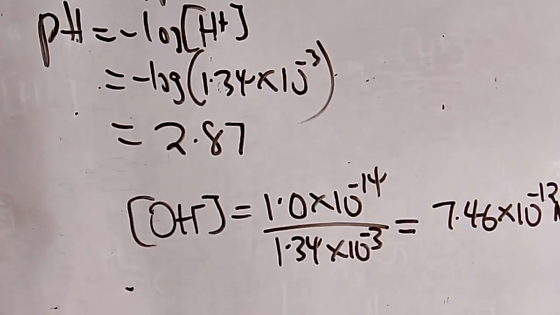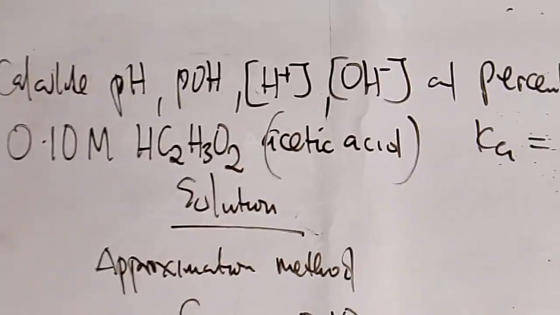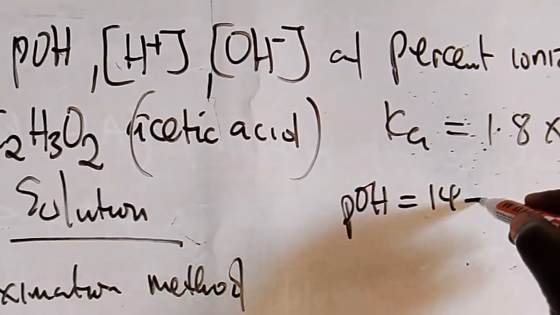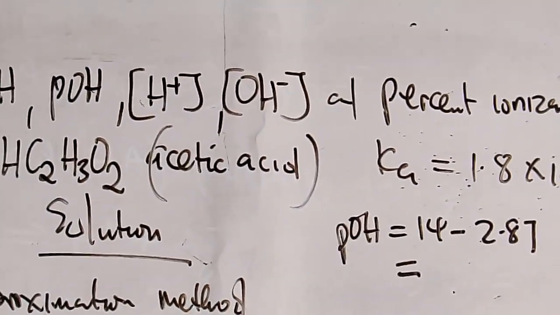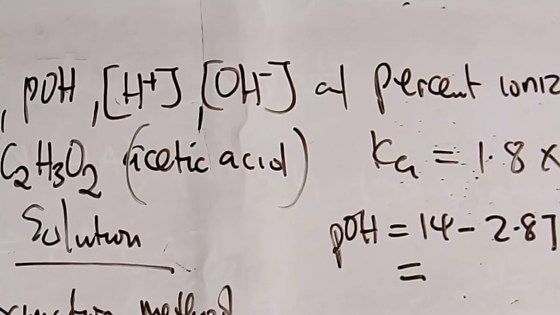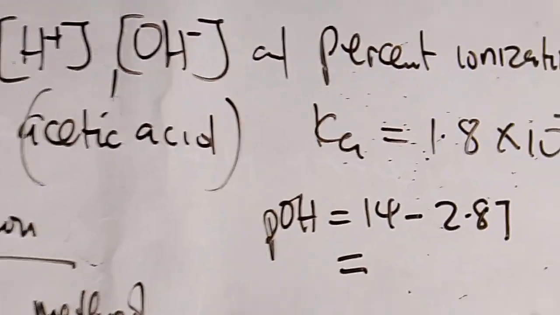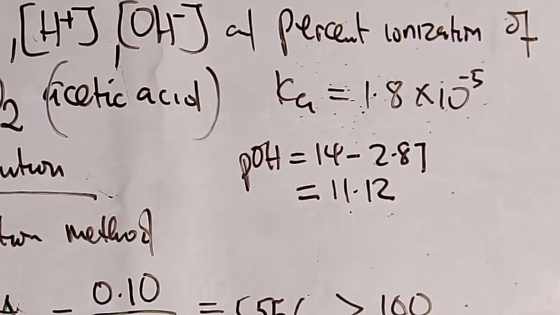That is the concentration of hydroxide ion. We also need pOH, which is equal to 14 minus the pH, 2.87, which gives us 11.12. That is our pOH.